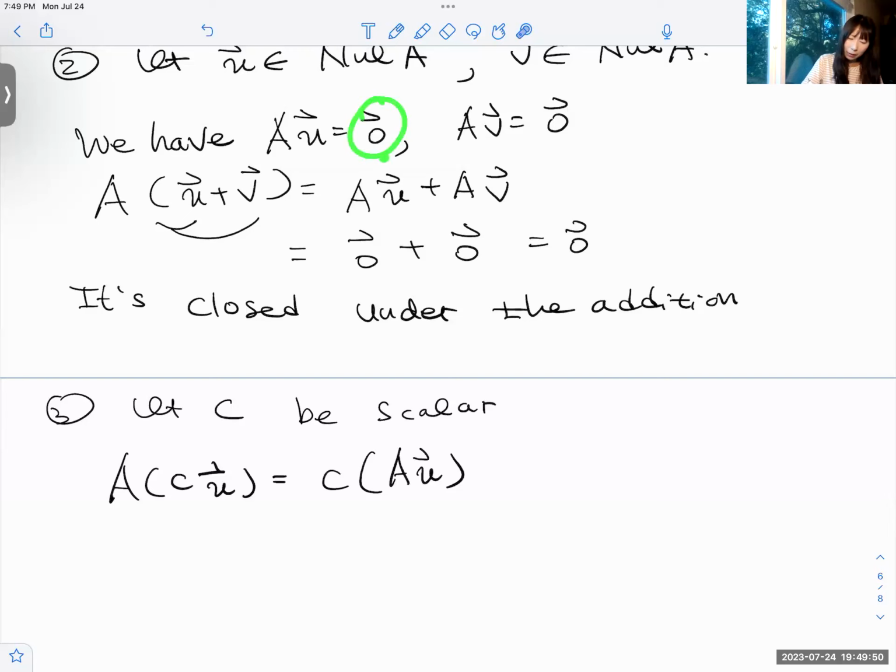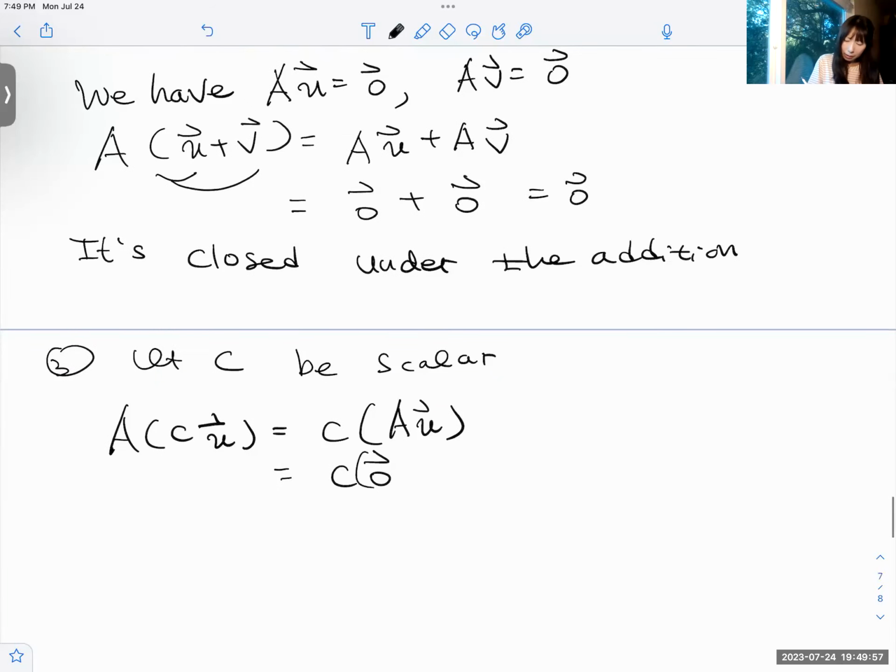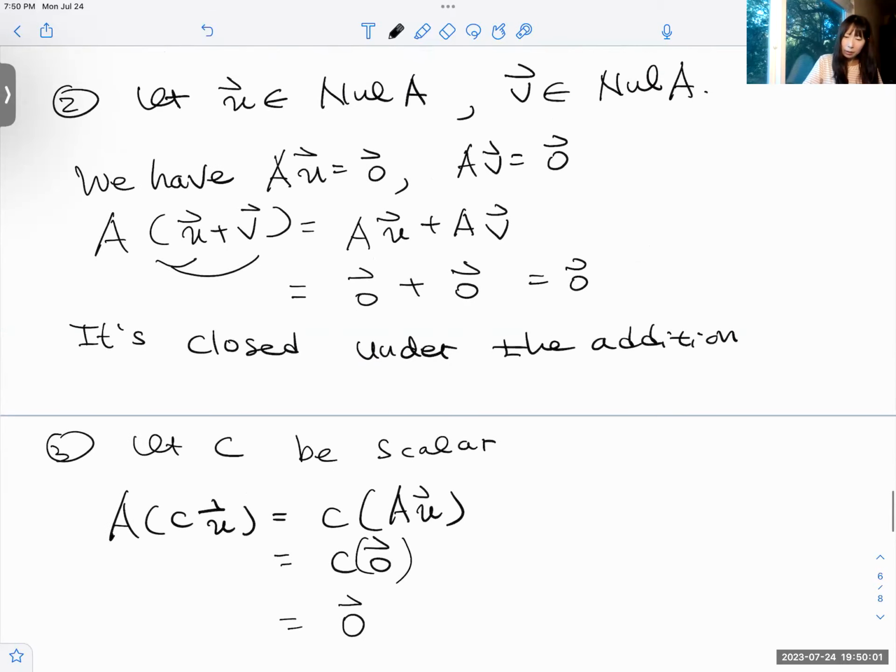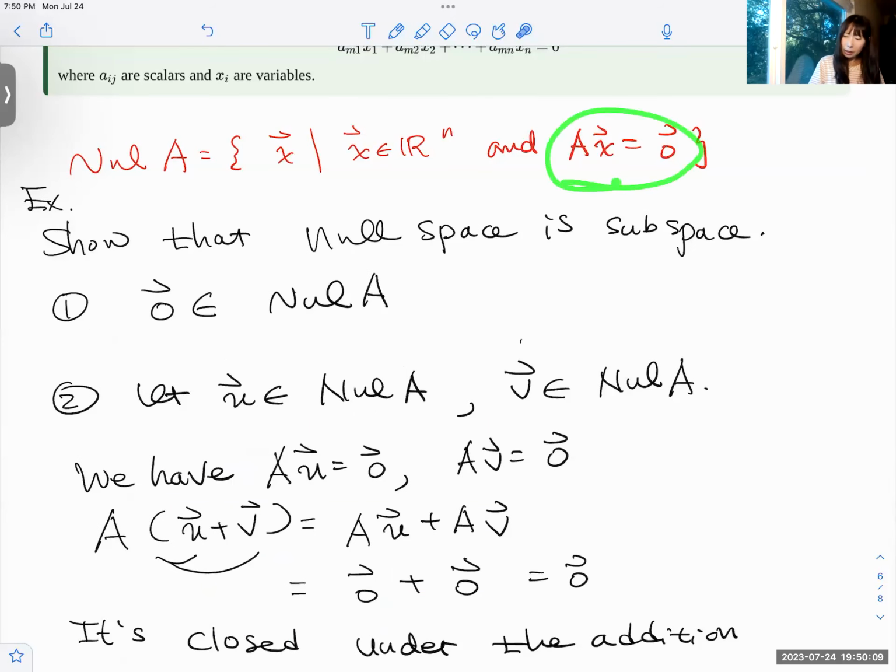We have a 0 vector, so there will be C times 0, which is 0. We still get 0, like their definition.